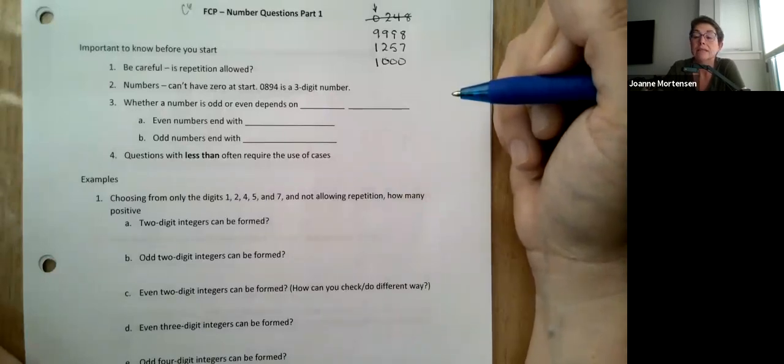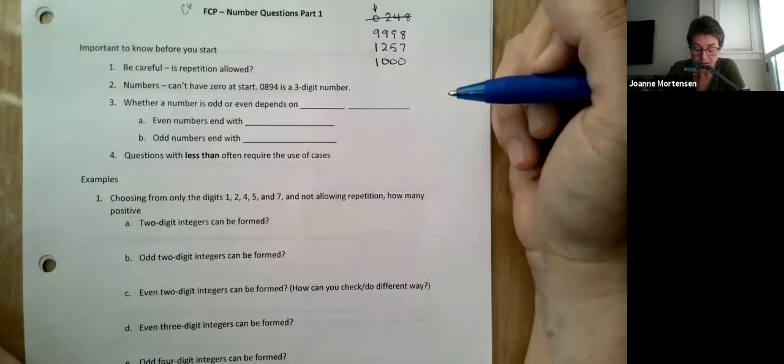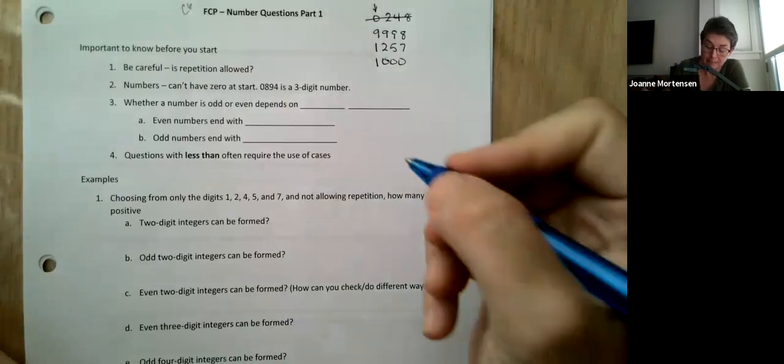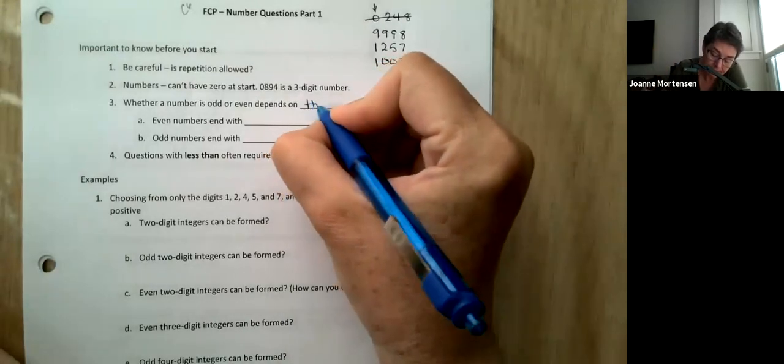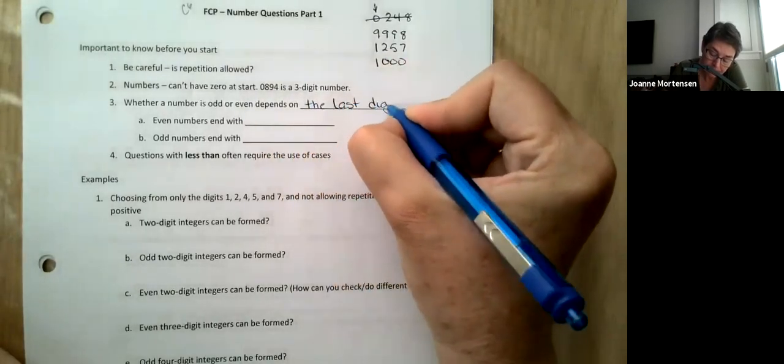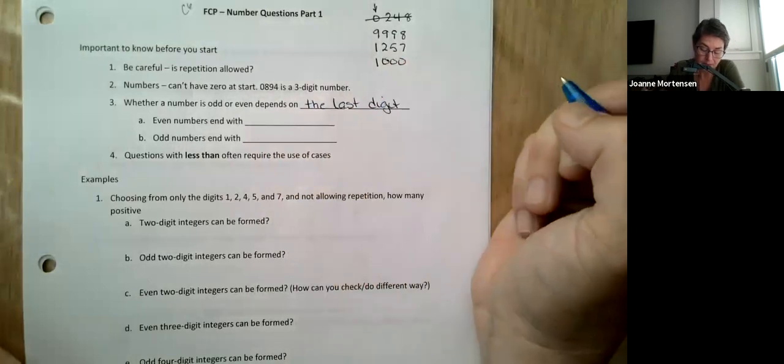Another thing we need to know, and you should remember this from Math 20, is whether a number is odd or even depends on the last digit.